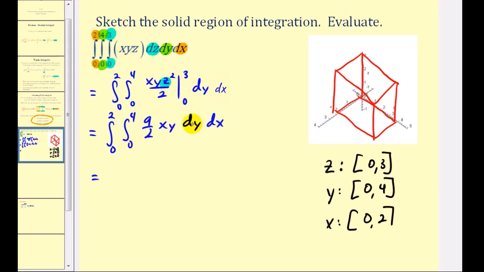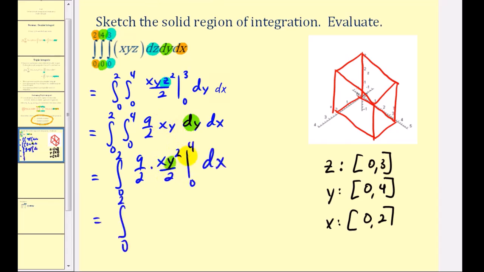Now we're going to integrate with respect to y. So we're going to have 9 halves x times y squared over 2. Now we'll replace y with 4 and 0. So when y is equal to 4, this will be 16, and divided by 4, that's 4, times 9, that's going to be 36x.